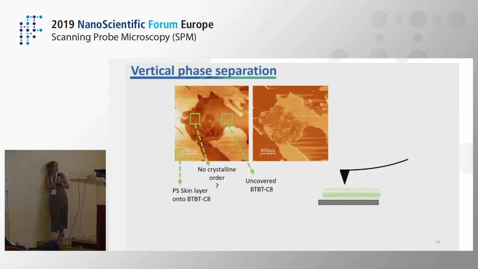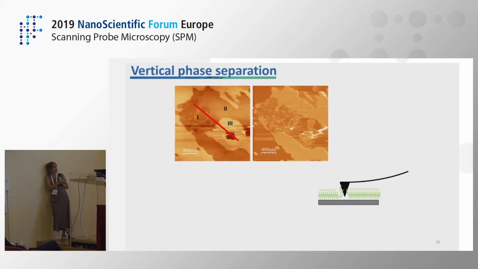In this particular sample, we could find even a lower level. You can see here that it has a friction very similar to polystyrene. So it's attributed to a polystyrene-rich phase. And now, by increasing the load until reaching the substrate, we can also measure the height of this layer.